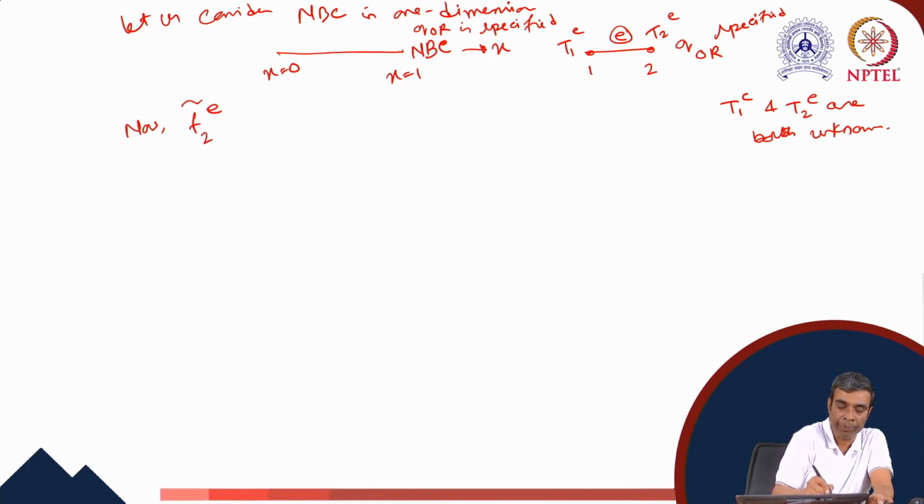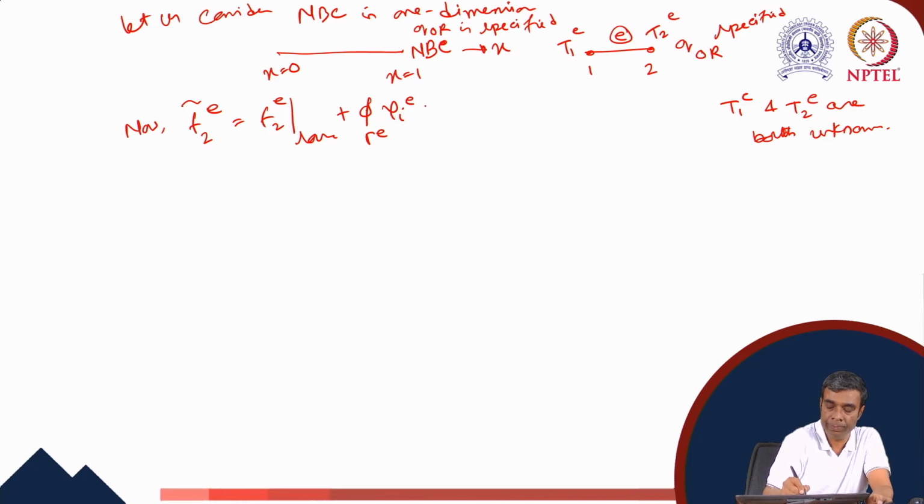Now F2E tilde equals F2E source plus the boundary integration over gamma E of psi IE K dT/dx d gamma E. This is for one dimension.